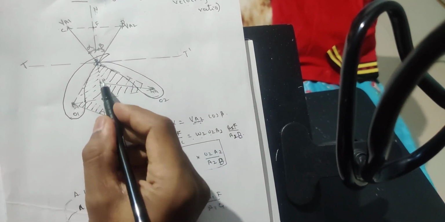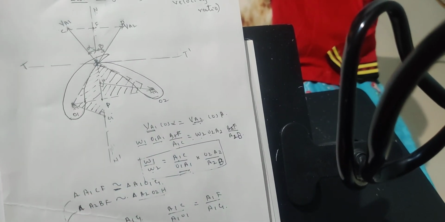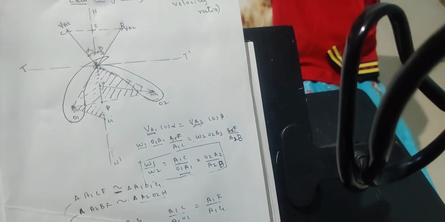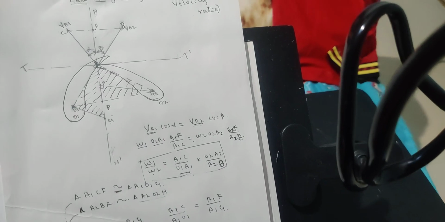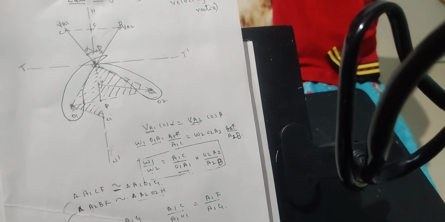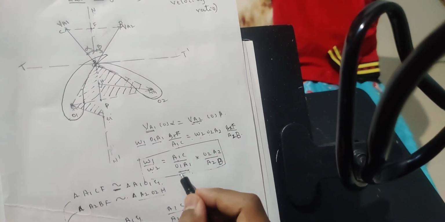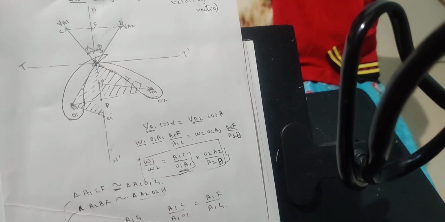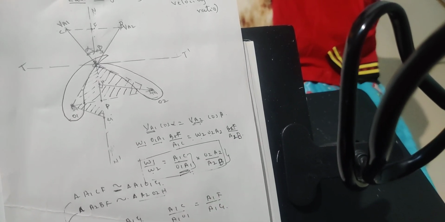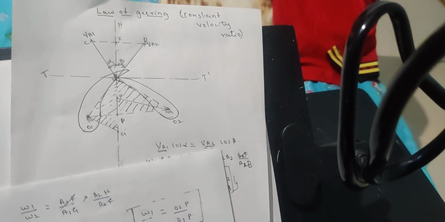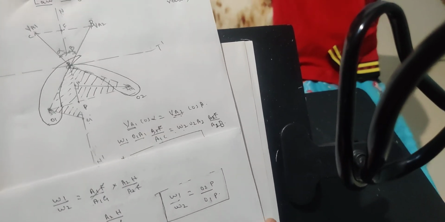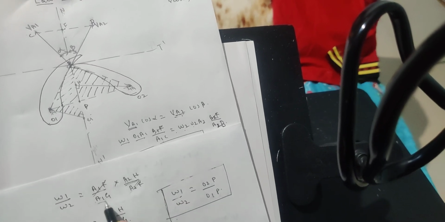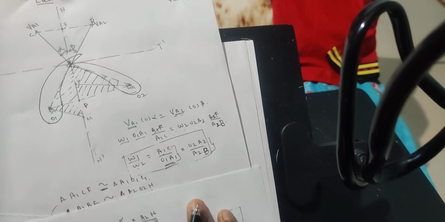So when it is 90 degree, one will be the base and one will be the hypotenuse, so this will be the base here. Then from the equation I changed the relevant terms, came to this equation, and these two get cancelled out. So I came to A2H upon A1G.